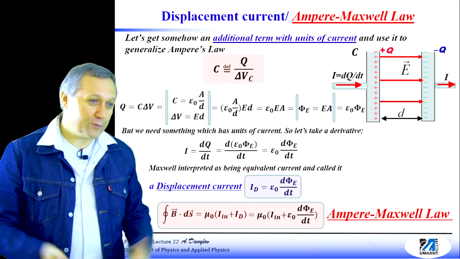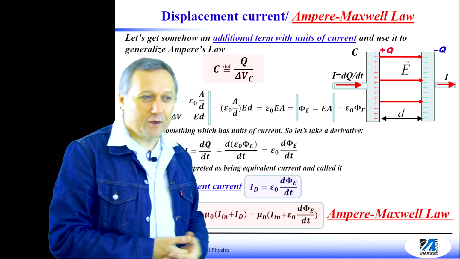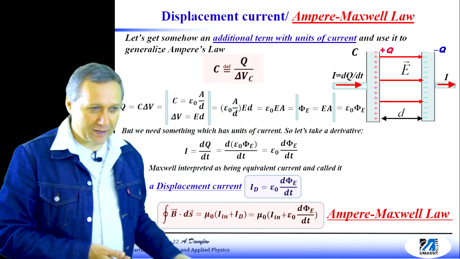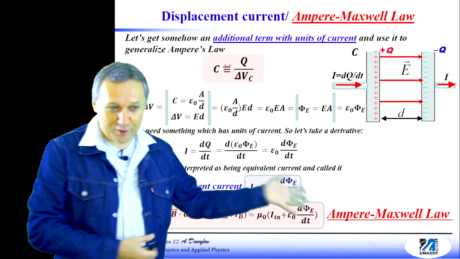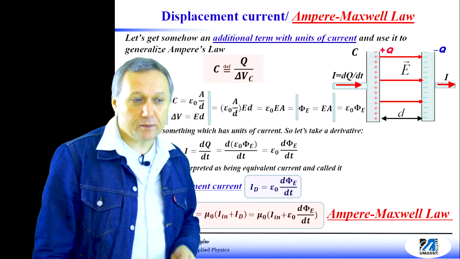So if you manage to find a new example where it fails to work, and you fix it, then of course your name will be added to the end of this train of names. But so far only two names: Ampere-Maxwell law.